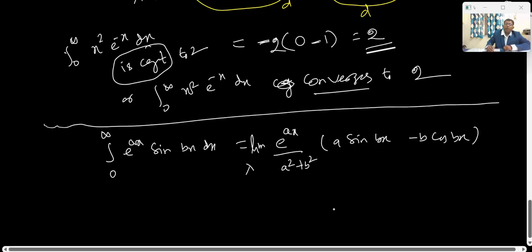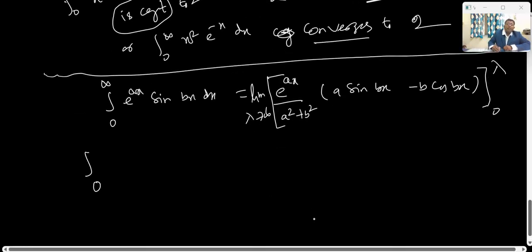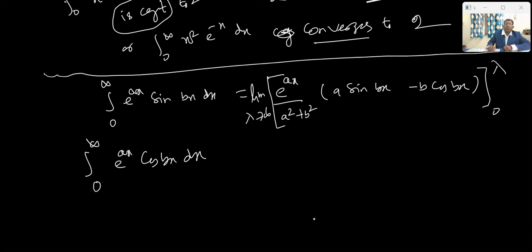Limit lambda tends to infinity, right? It is here 0 to lambda, and we can overcome it. Similarly, suppose another type of integral is asked: integral 0 to infinity e to the power ax cos bx dx. Then what is the integral? It will again be a formula of integration.